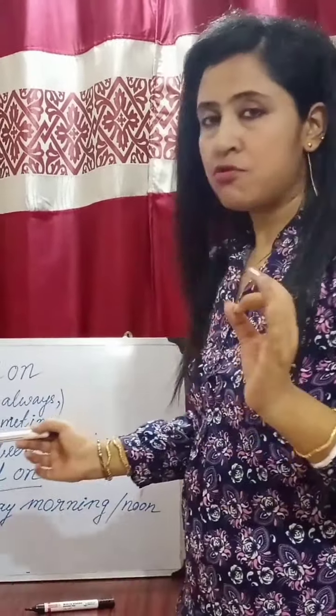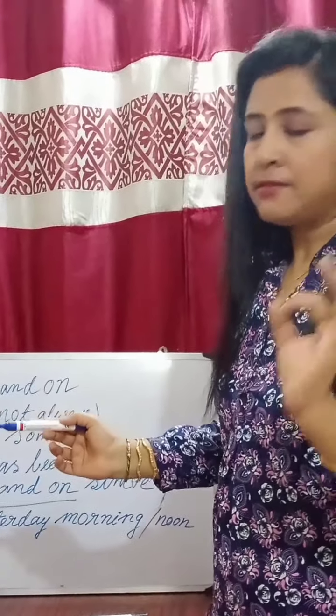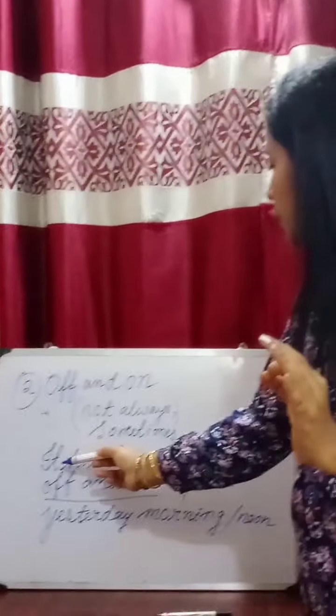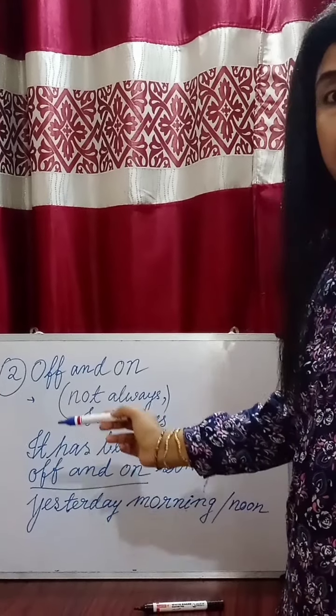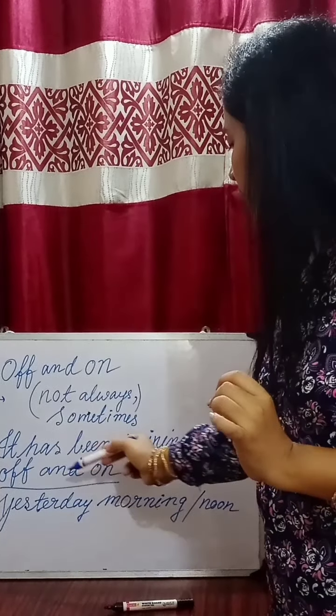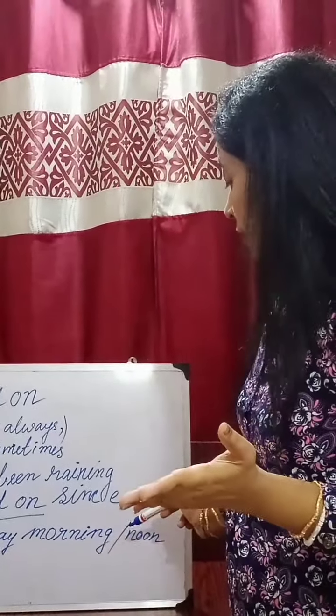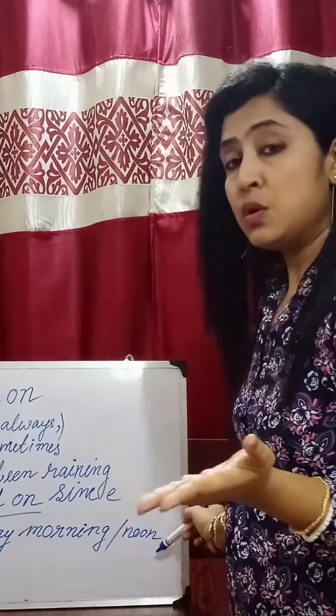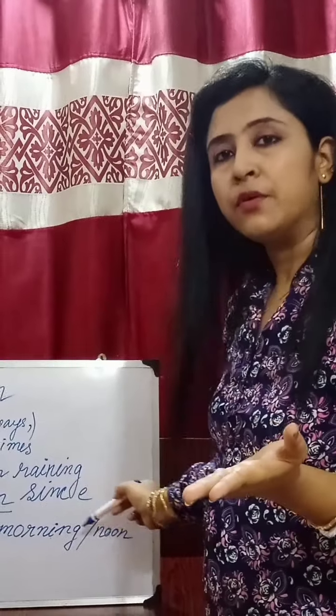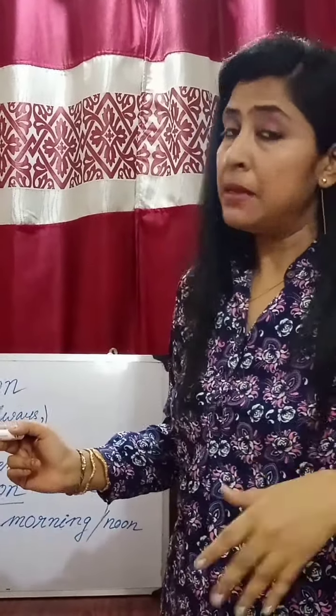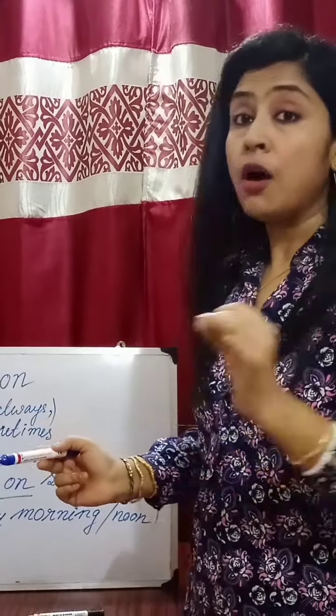So let me construct the idiom in a sentence. It has been raining off and on since yesterday morning. You can write yesterday noon; you can choose either of the words. Off and on means not all the time, sometimes.